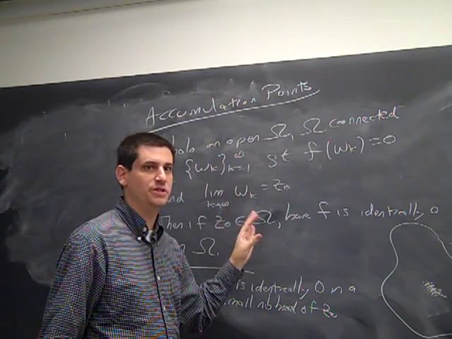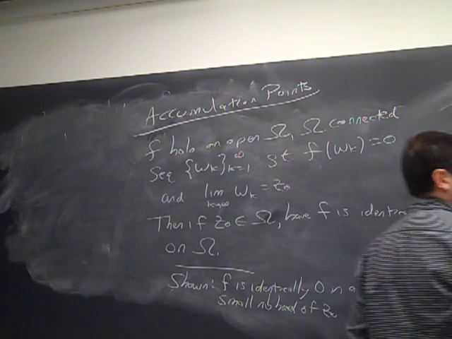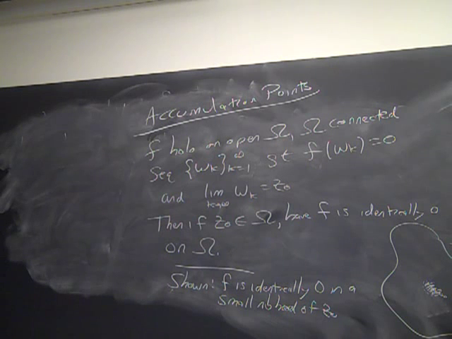There's a really nice consequence of this theorem. It's a beautiful corollary. The corollary says the following. Let f and g be holomorphic on an open connected omega, and let a sequence omega k contained in omega converge to z naught, with f of omega k equal to g of omega k.